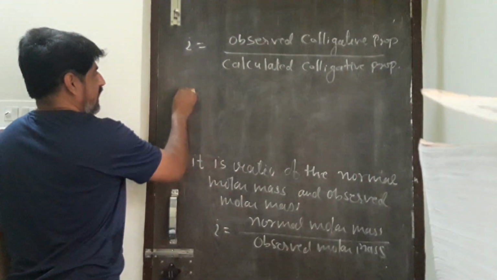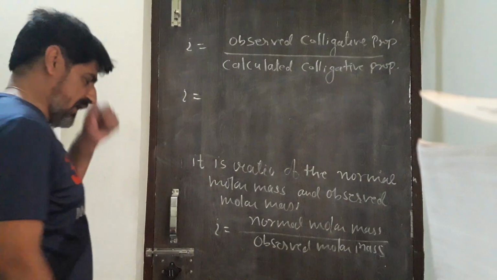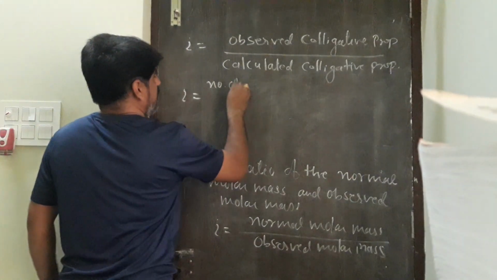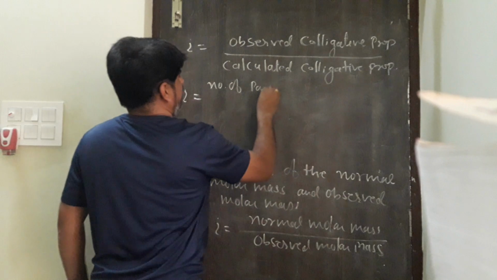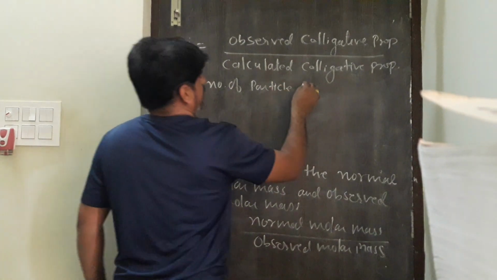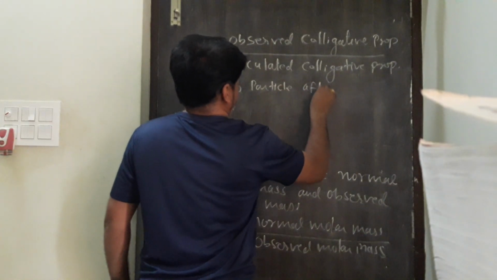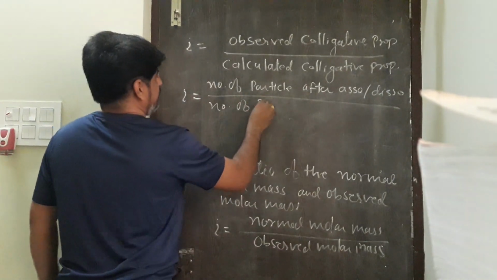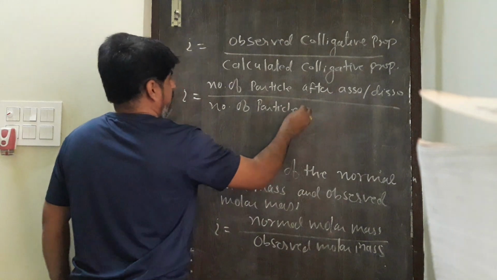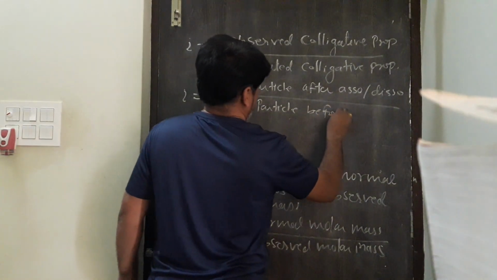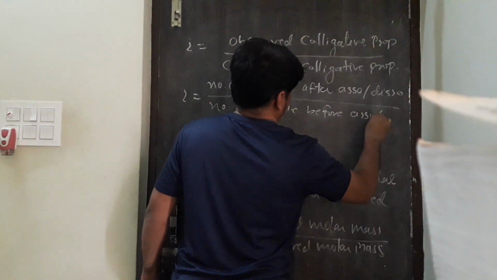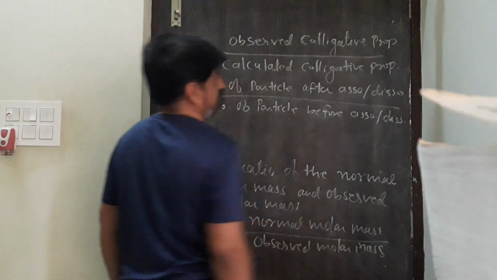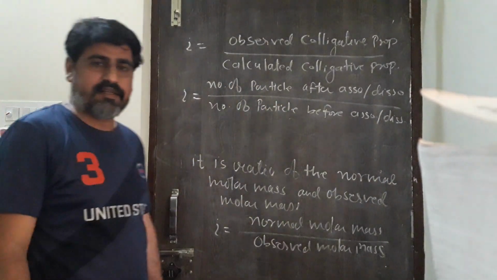Or it can be explained as the number of particles after association or dissociation upon the number of particles before association or dissociation. It is all about the Van't Hoff factor.